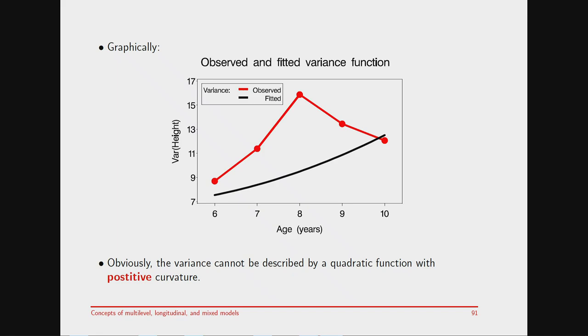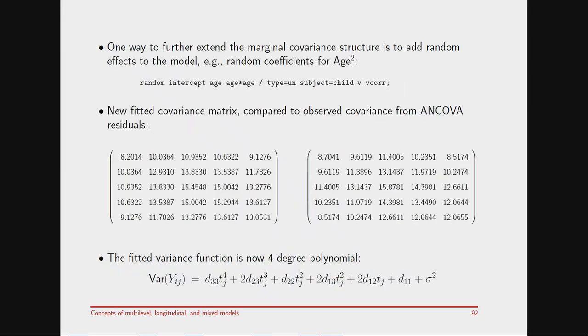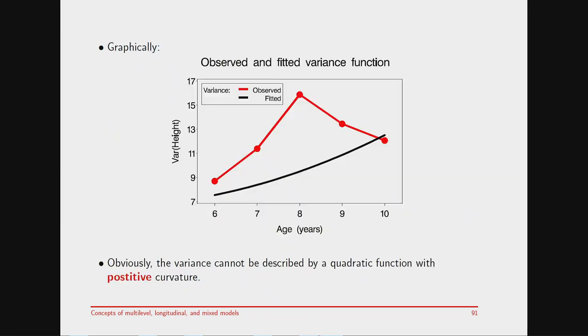So if we want to come up with a realistic model for these growth curves here, we will have to do something additional. And then what will we do? Well, I think by now you get the general idea already. The fixed effects, you use them to model the average trends.